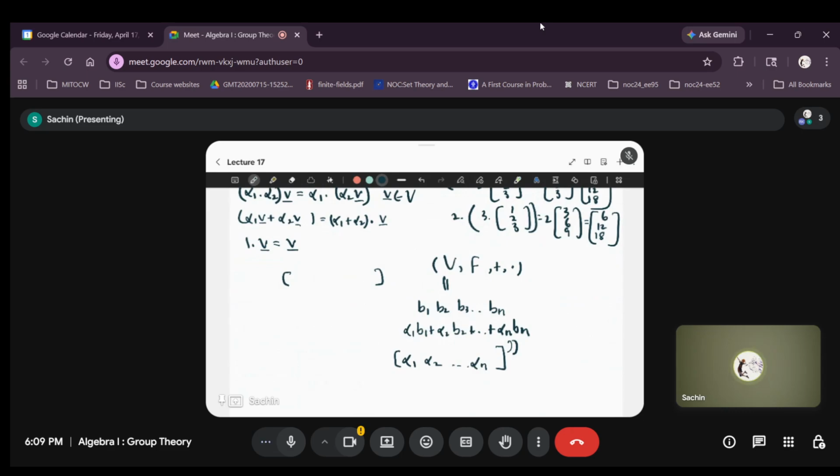Once the basis vectors are specified, you give an ordering for the basis vectors, B1, B2, Bn. Then you can simply put the coefficients as a vector. The basis vectors will take care of that.